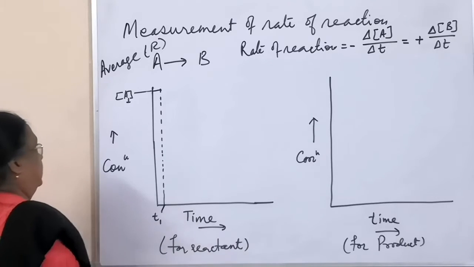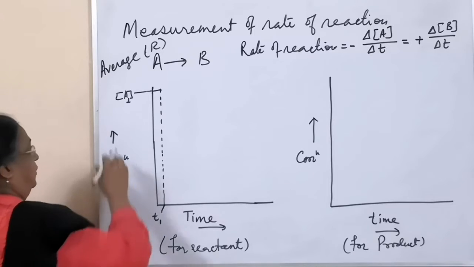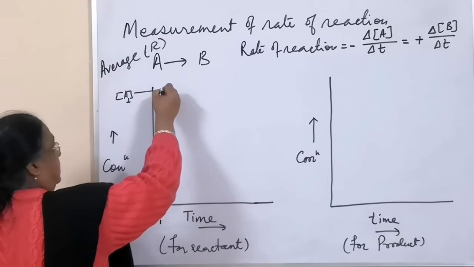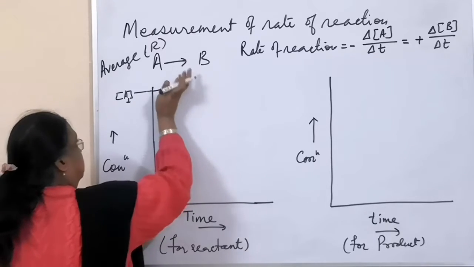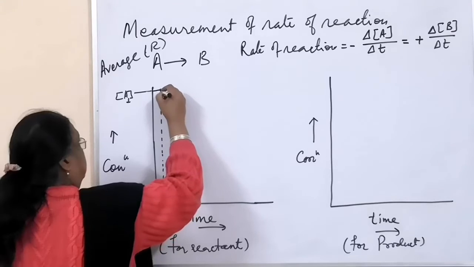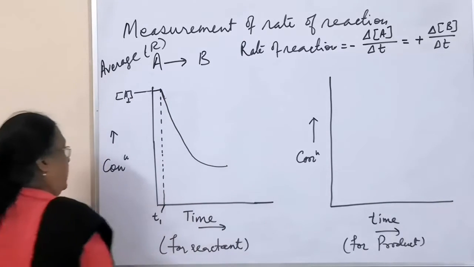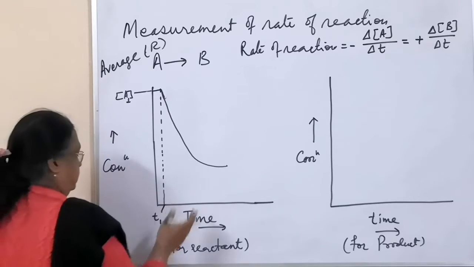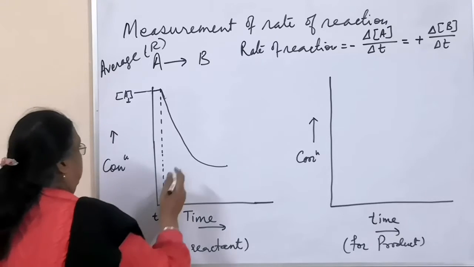So at this time the concentration of reactant is A1, and when the reaction is in progress, its concentration starts decreasing, say this much it has decreased. The reaction may also come to a standstill with no further change, but that is not my aim.